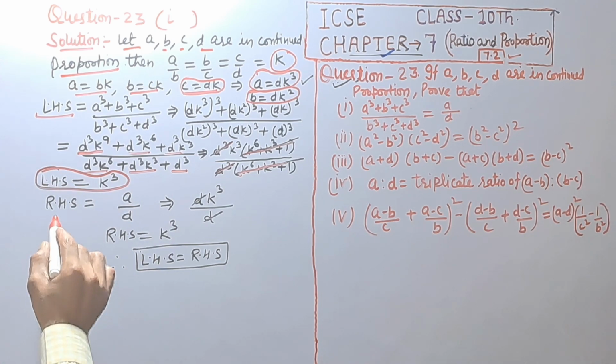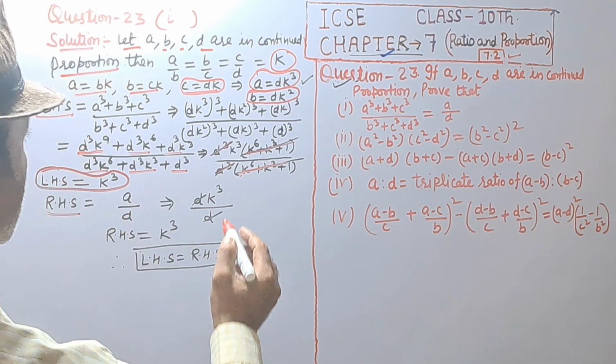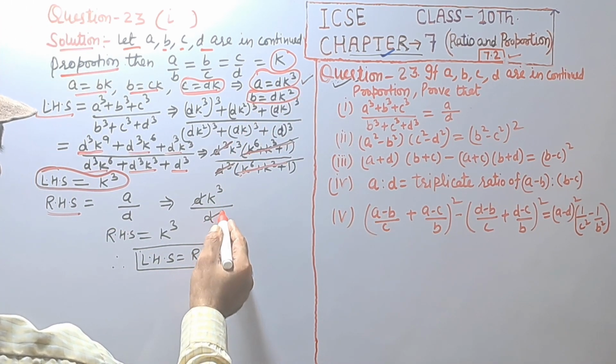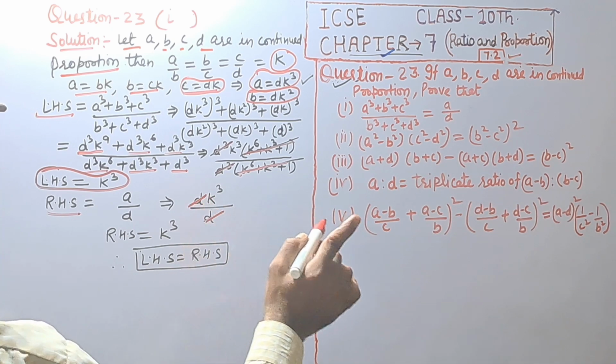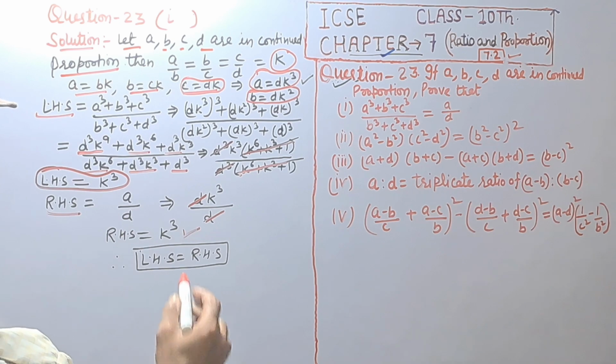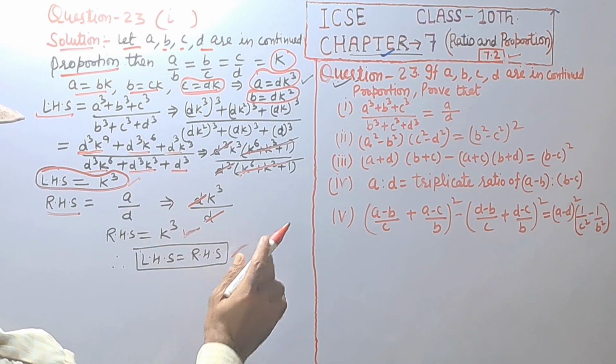Taking the right hand side, that is A upon D, and A is equal to DK raised to power 3 divided by D. D is cancelled, and we get right hand side, that is K raised to power 3. So left hand side is equal to right hand side.